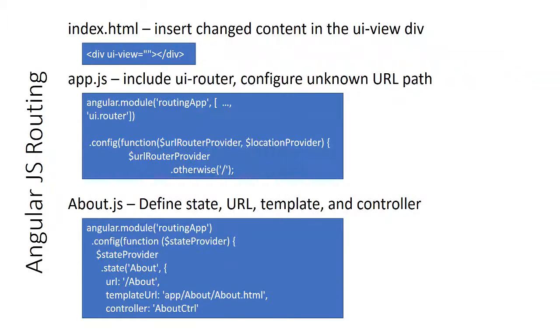There are some configuration parameters, and in this case we're defining a UI state. And you can see here I've got an about state, the path, or the URL, /about. There's the file and the controller that's used.